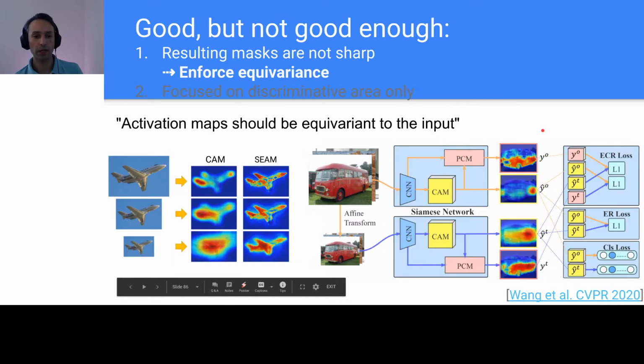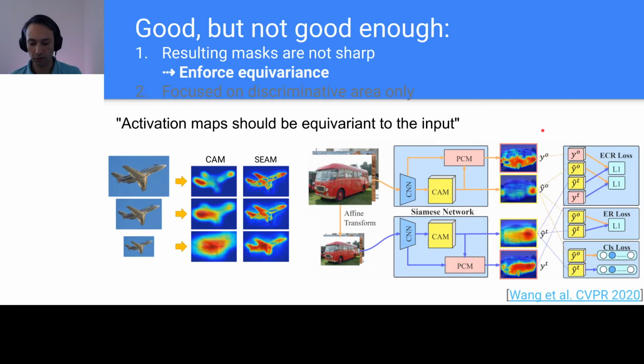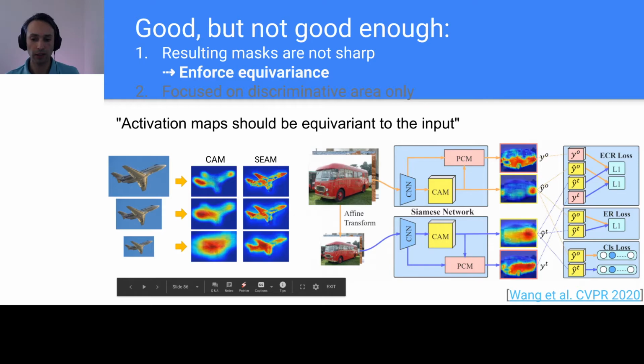Or you can also use equivariance ideas. So you expect your model to be equivariant to translations or small deformations, such that the class activation maps should be the same if your image is a bit smaller or a bit bigger, if it's a bit rotated or not. So in this paper, they propose to add an equivariant loss into the system, such that you take the image, you apply the CAM technique, then you transform the image, you apply the CAM technique, and then you can unwrap this transformation and compare the two.